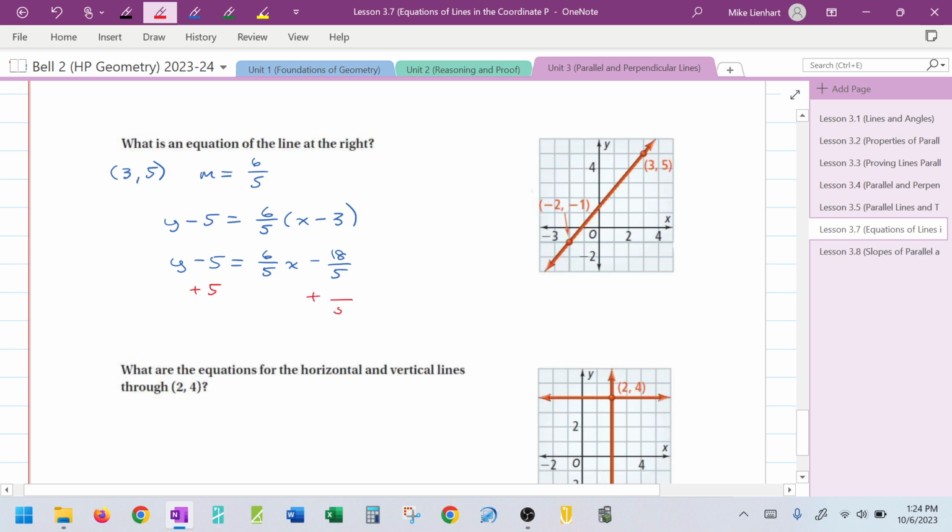I'm going to add some fraction that has a denominator of 5 that would be the same as 5. Well, that's 25/5. And that leaves me with y equals 6/5 x plus 7/5. And that would be the equation of that line.